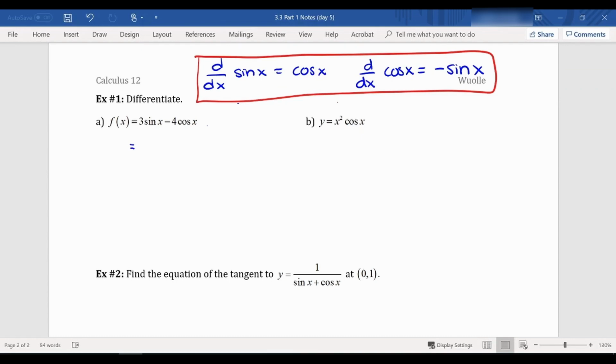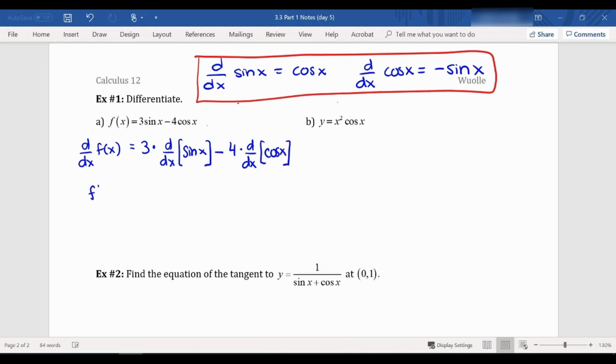So again, if we actually write out the whole rule, this would be the same as saying if I want to do the derivative of f of x, this is the same as saying 3 times the derivative of sine x minus 4 times the derivative of cosine x.